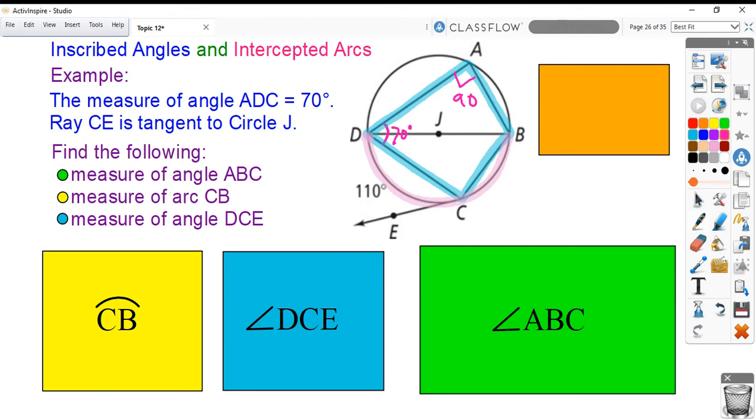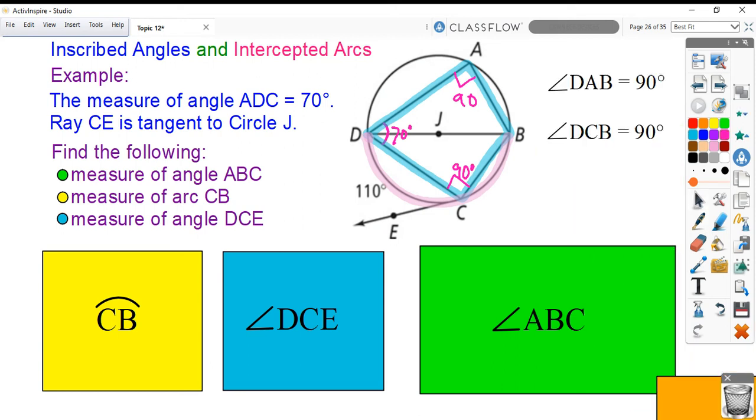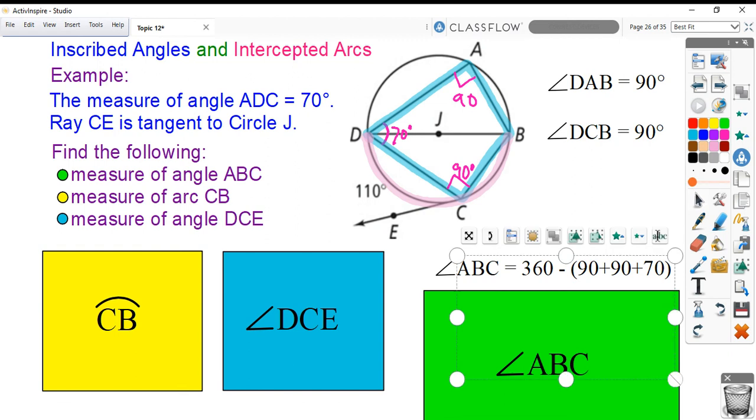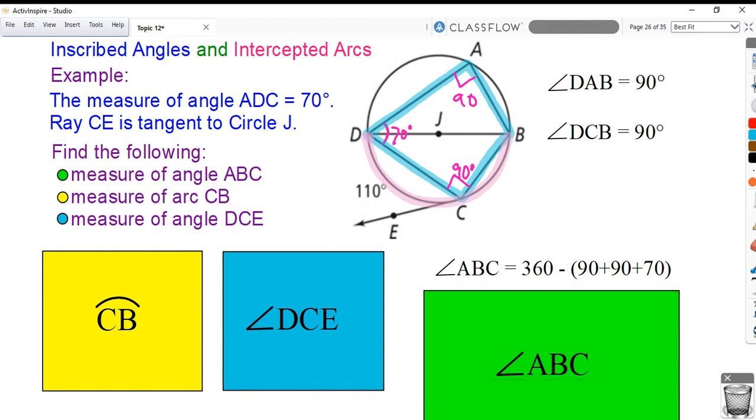When you look at it up here too, the top half going from D through A to B is also 180 degrees, so this one must be 90 degrees as well. Both of the angles at the top of the picture and the bottom of the picture must be 90 degrees. And if we think about how all four angles add up to 360, all you have to do is add them together and subtract from the total.